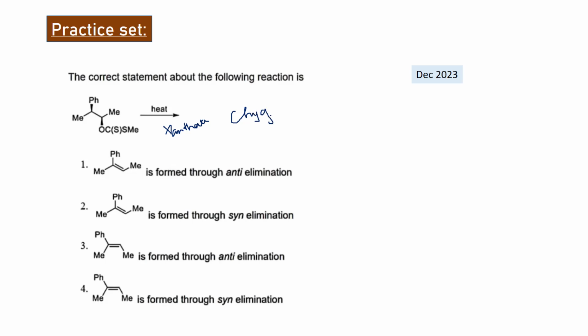In the presence of heat, it will undergo a syn elimination. So there is no syn hydrogen. This hydrogen is anti to this leaving group. So there will be a ring inversion, a bond inversion.